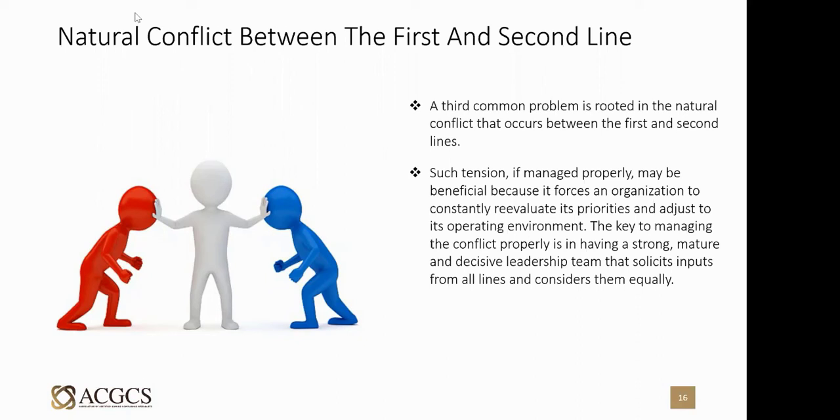There were a lot of conversations that could occur to help have a consistent approach to dealing with specific external factors, like COVID. So communication, soliciting inputs from all the lines, and making sure that everyone's considered equally is something that helps.